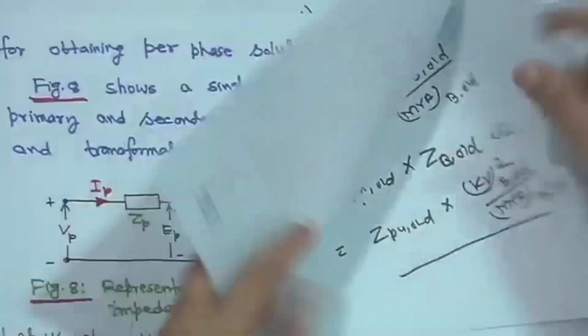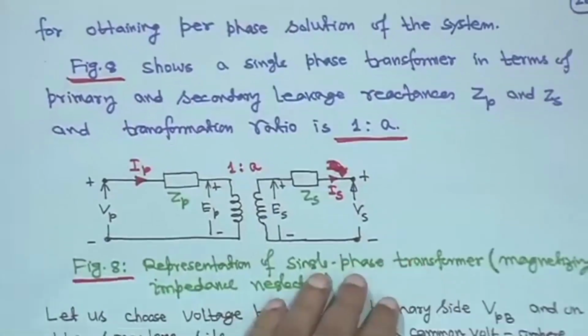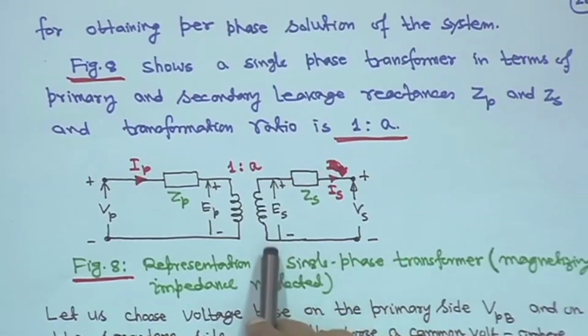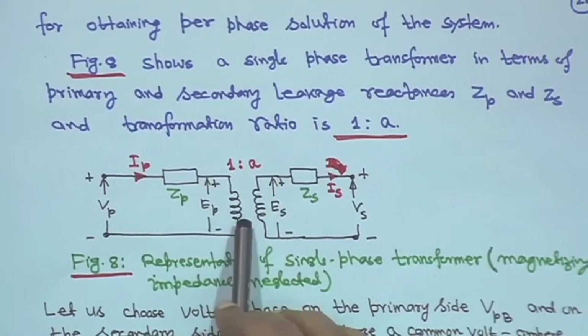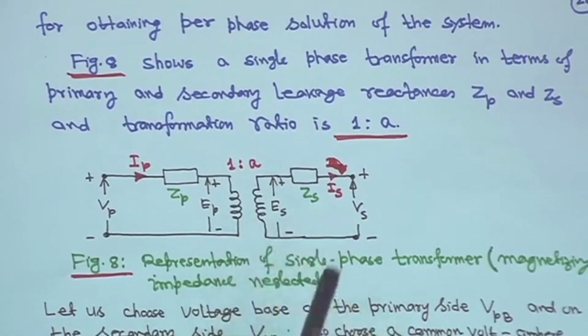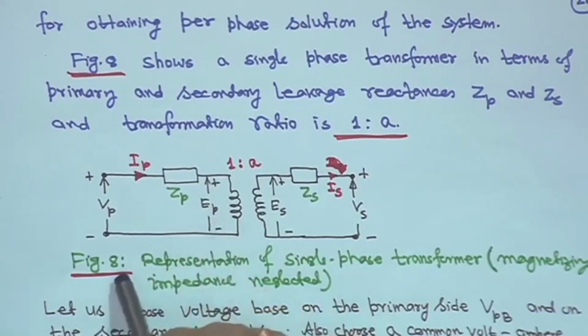Now, this is the single phase diagram, right, representation of the transformer. Magnetizing impedance is neglected for this one, no magnetizing impedance is considered, right. So, this side we refer to as the primary, this is figure 8.